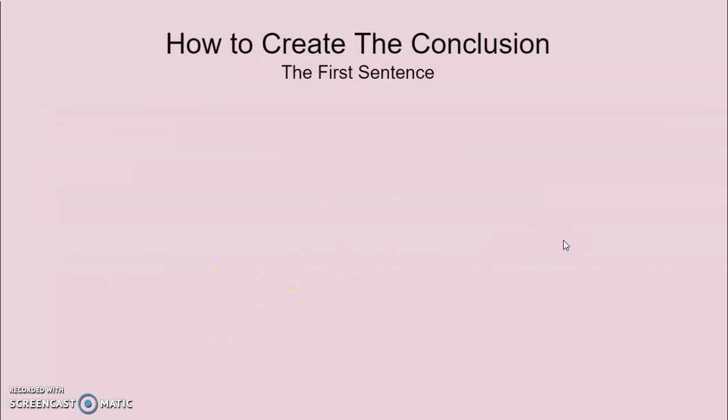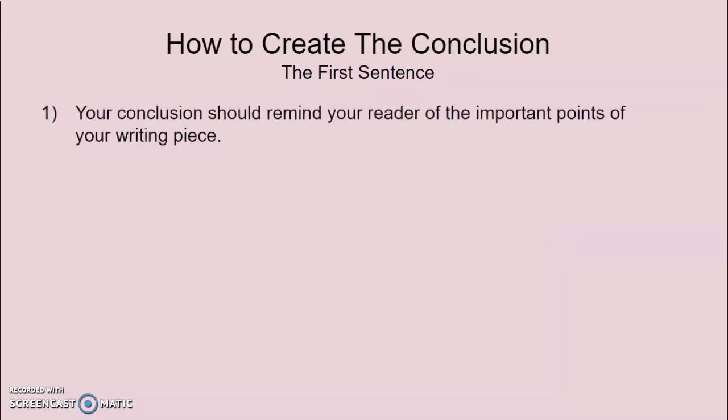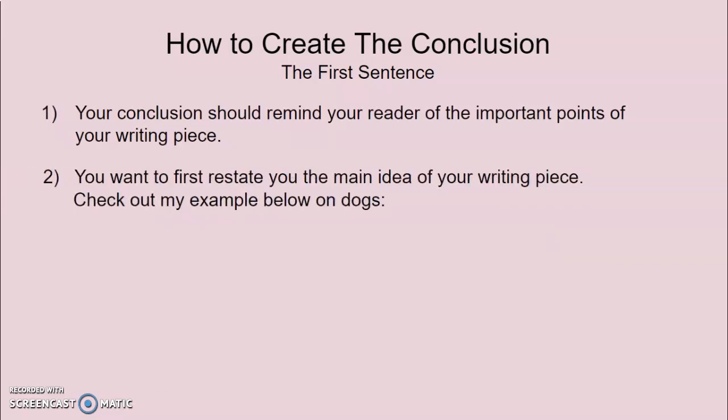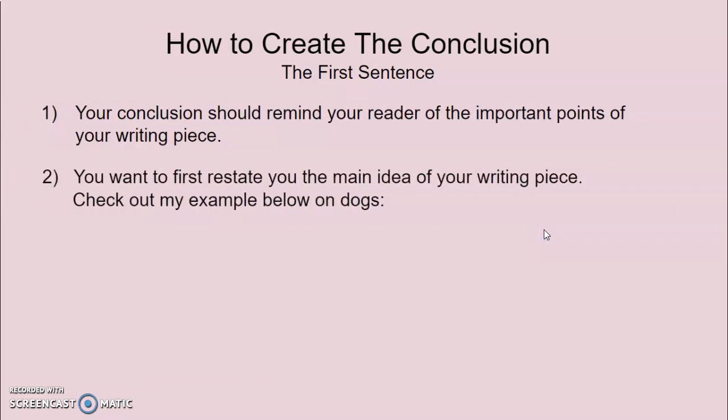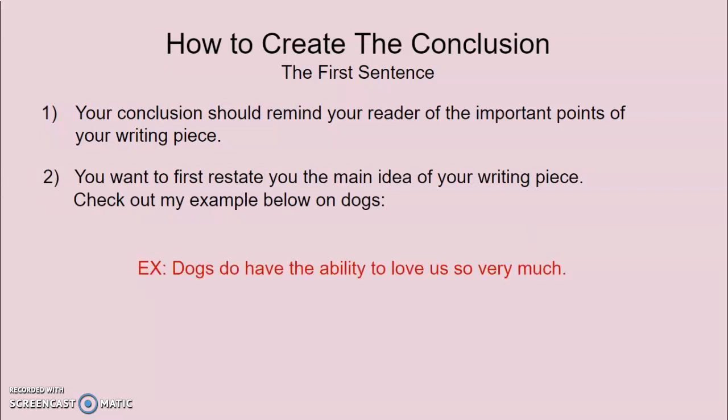How does this look? The first sentence, again, we want to remind our reader of what our piece is about. We want to restate the main idea. So let's take a look at my example on dogs. I used a quote from the author John Billings, and I don't want to reuse the quote.